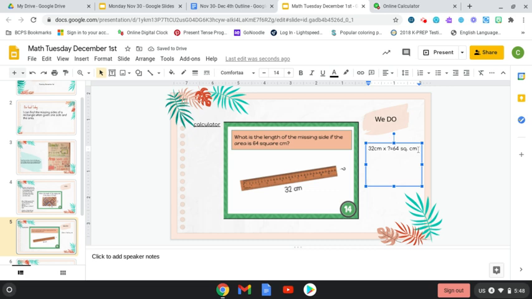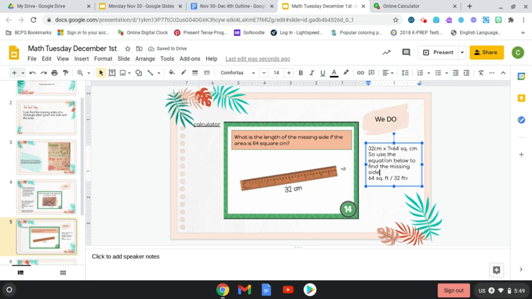So to find out, I'm going to say 64 square centimeters divided by 32 centimeters equals. Use the equation below to find the missing side.